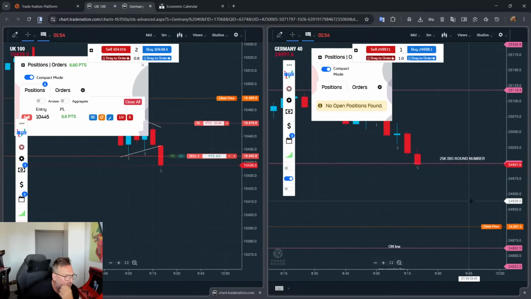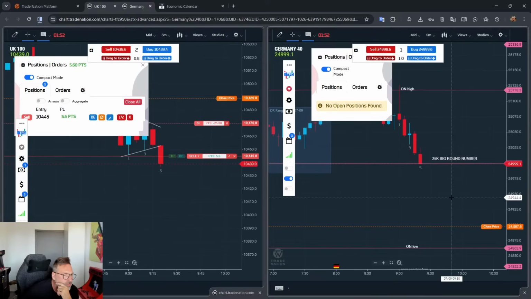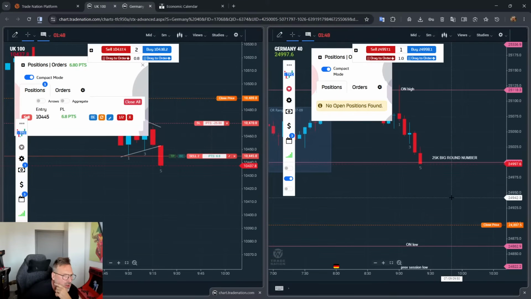Very much surprised by the DAX. Feels like we should be short.